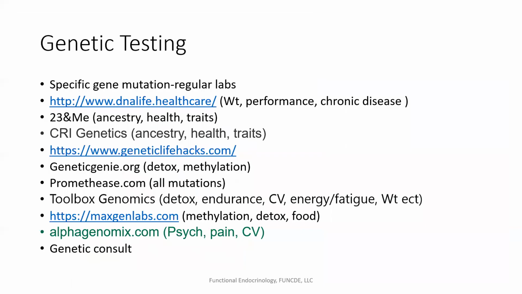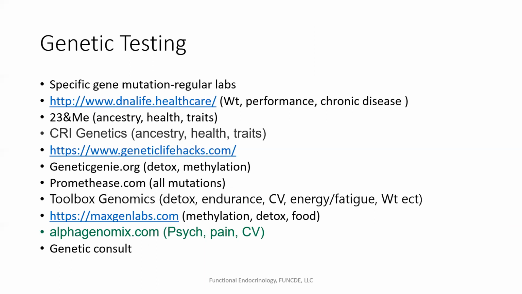For genetic testing, you could use actual labs that are covered by insurance, or you can use other ways. For example, I use 23andMe, and I will ask for the raw data and put it through Promethease or other companies that can spit out information about your detox pathway, for example.